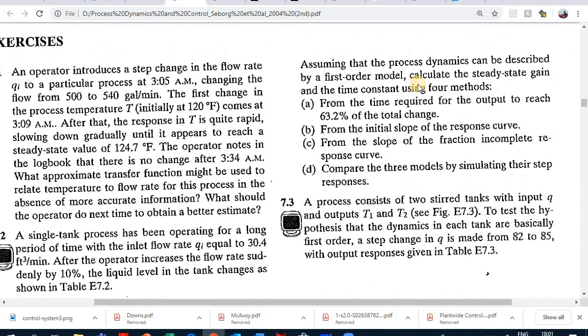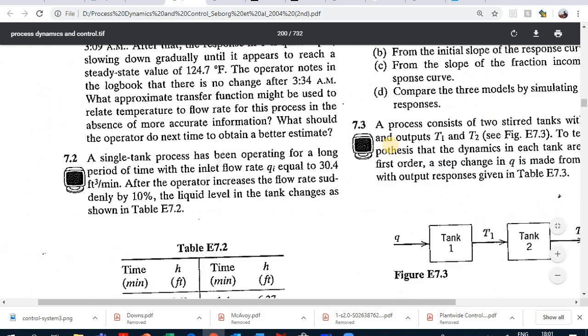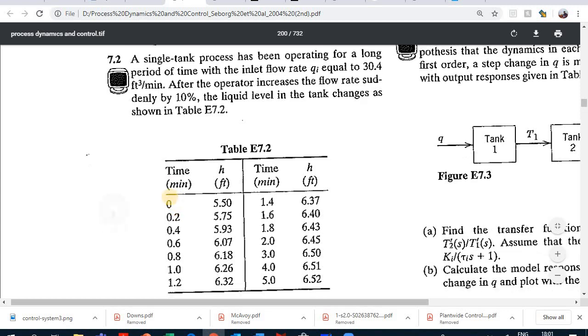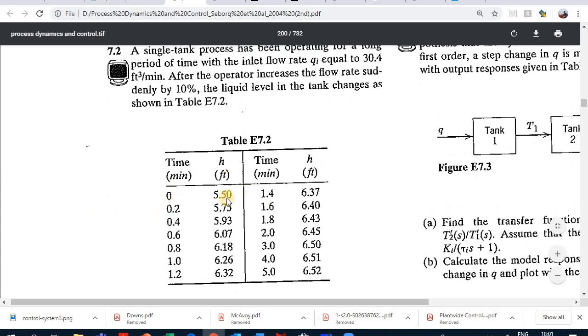The second method says from the initial slope. Initial slope means we need to select the first two values. The first two values are 5.75 minus 5.5 divided by 0.2 minus 0.